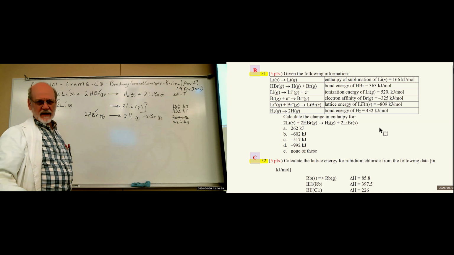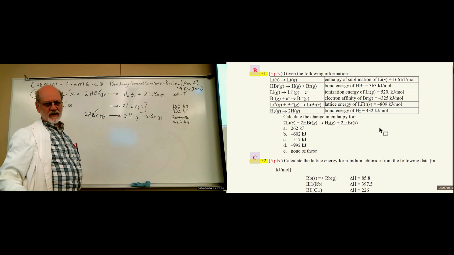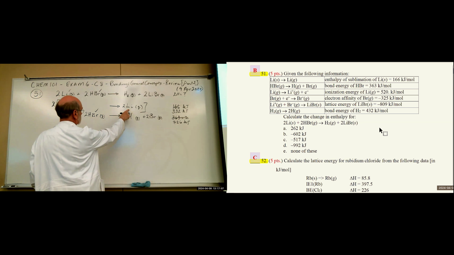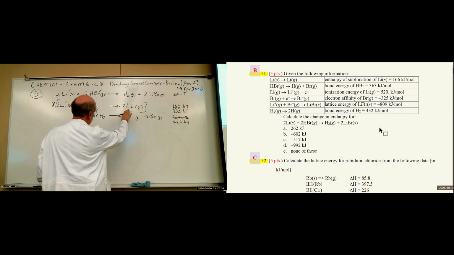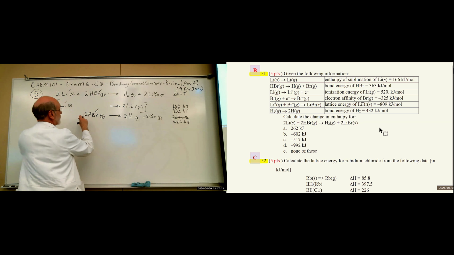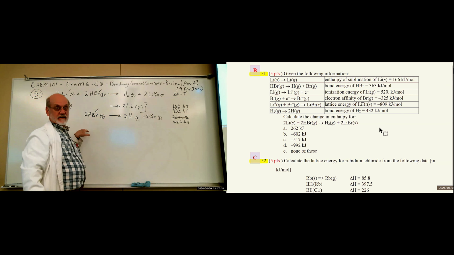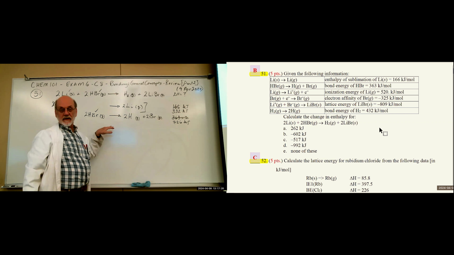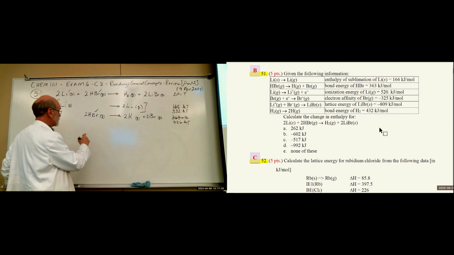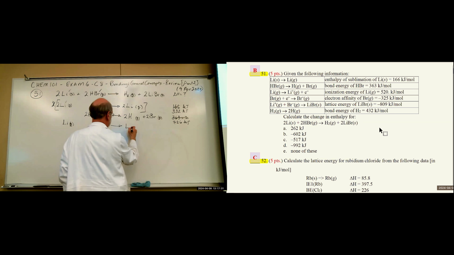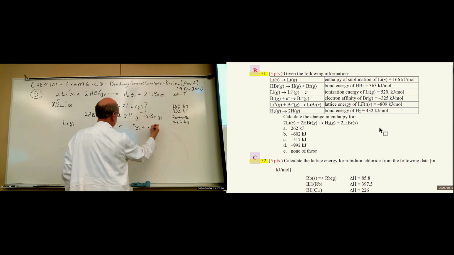Okay, next, how about lithium gas goes to lithium ions? Lithium gas right here goes to lithium ions. There's no lithium gas up here, is there? So what we need is lithium gas on this side to cancel that one out. So as written, that looks like a good choice. Lithium gas goes to lithium ions plus the electron.